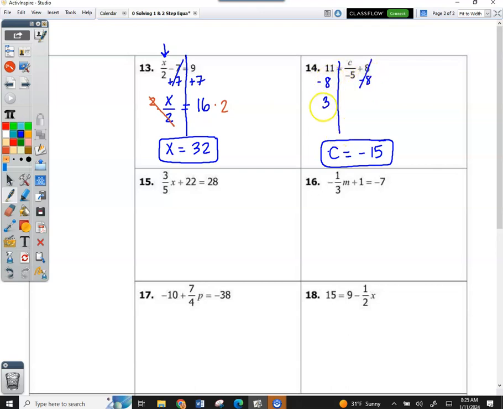Okay, that's enough. And then multiply by negative 5. So you get negative 15.